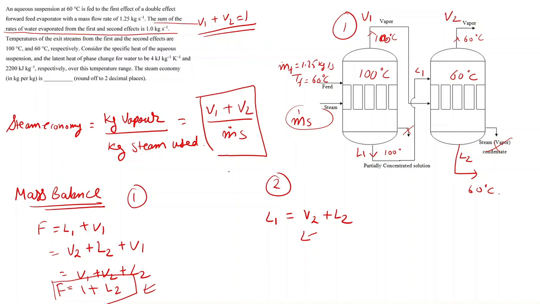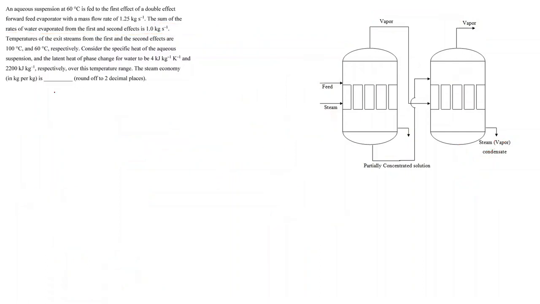Now we will write the energy balance for the same system. For the first evaporator, we can write the energy balance as follows.